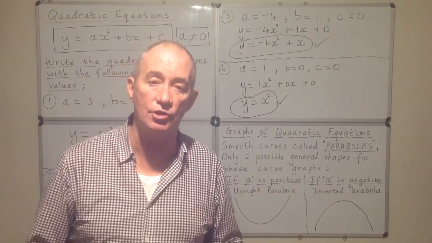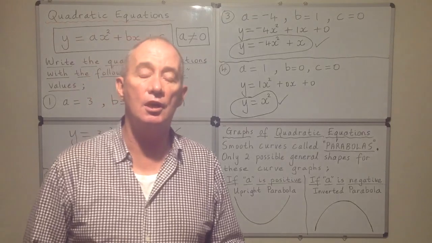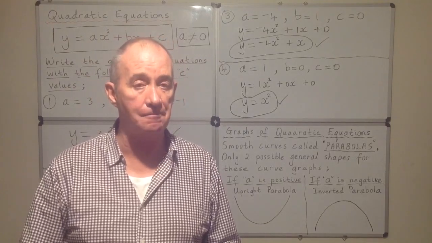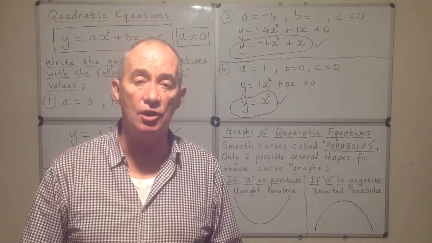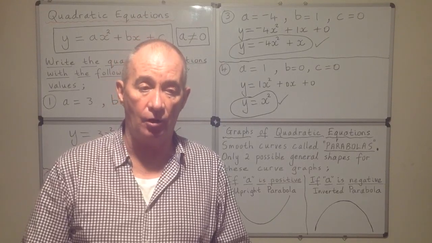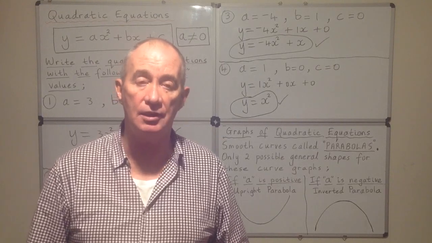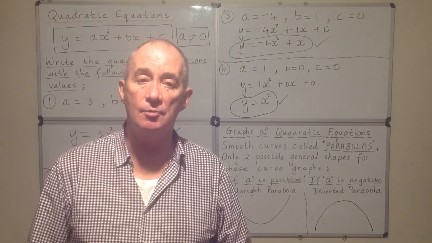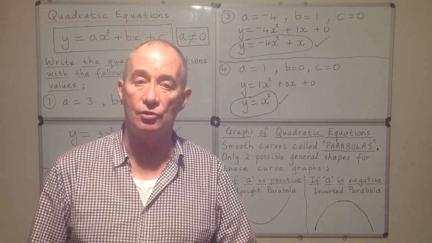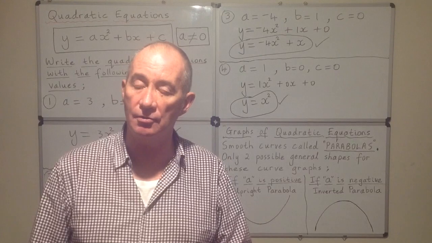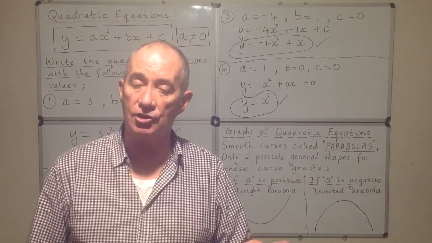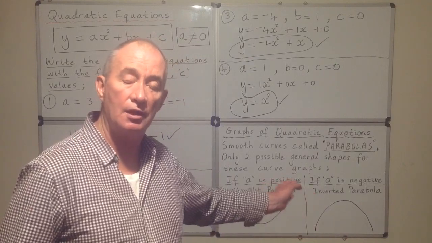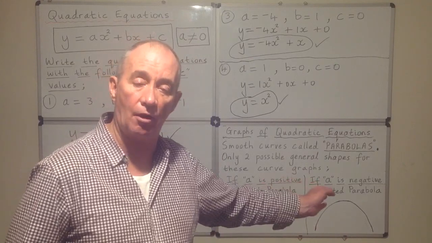Now, I say general shapes because the width of those parabolic curves does vary. And what is it that determines the width of the parabolic curves? Well, the answer to that question is the width of the parabolic curves is determined by the size or the magnitude of the a value. So it's all got to do with the a value, all right? The sign of the a value determines which general shape it is: upright parabola or inverted parabola.